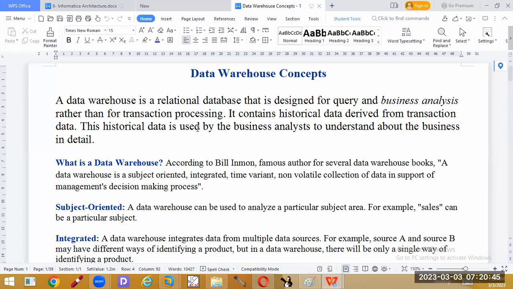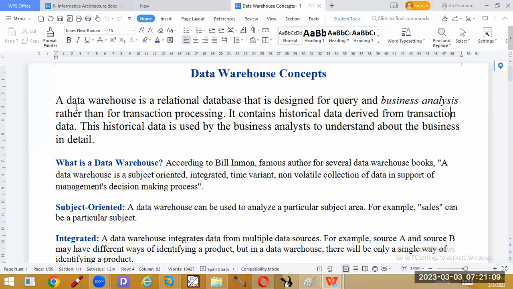They can understand which product is used more in the market, or which product is in more demand, so that we can increase the quantity in our warehouse, so that the shortage can be removed, right? That's why.